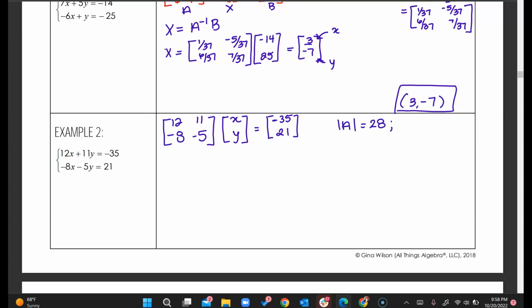So now let's go ahead and find the inverse. Our A inverse is going to equal 1 over 28. And remember, we're going to swap the first diagonal, so we have -5 and 12, and negate the other one. So I have something that looks like this. All right.